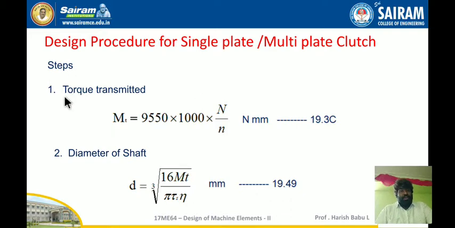The steps involved: the first step will be the torque transmitted. We're going to use the formula Mt is equal to 9550 into 1000 into N by n, where n is in RPM and N will be in kilowatts. The 1000 is used only to convert the equation into Newton mm. The diameter of the shaft d is equal to the cube root of 16 Mt divided by pi tau s n, where Mt is already calculated, you can substitute over here, tau s will be the shear stress and n will be the keyway factor.